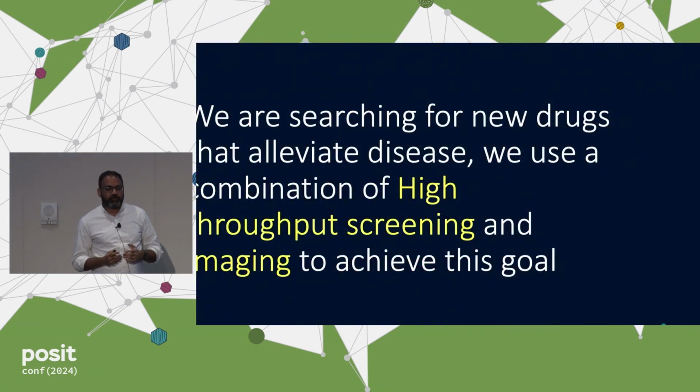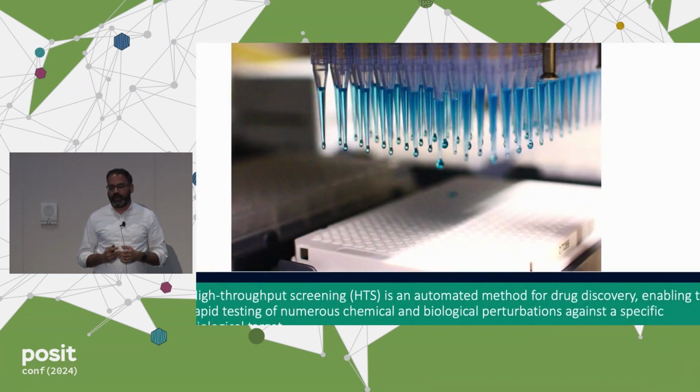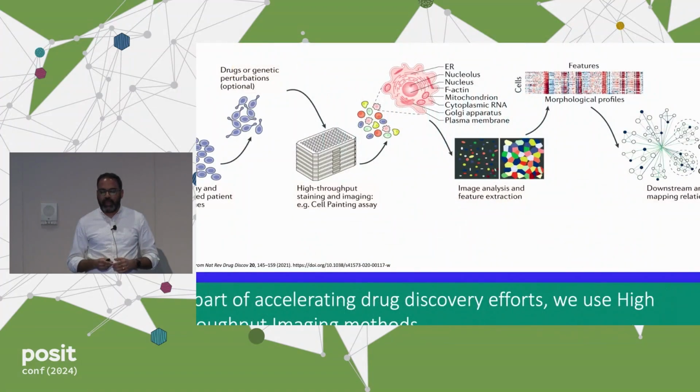So in effect, we're searching for new drugs that alleviate disease by using a technique called high throughput screening and imaging. What's high throughput screening? It's basically a very rapid way to test a lot of compounds against a biological target. So you can test a lot of these compounds, like thousands of them, very rapidly. And we do that with imaging.